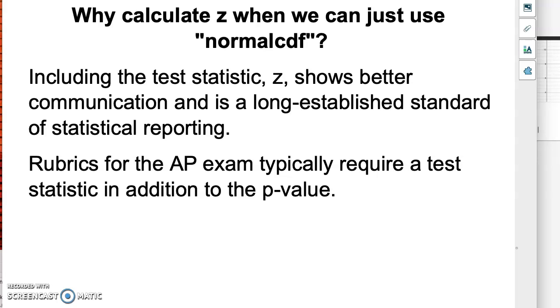Why would we calculate z when we could just use normal CDF? Including the test statistic z shows better communication and is the long-established standard of statistical reporting. Rubrics typically require a test statistic in addition to the p-value.